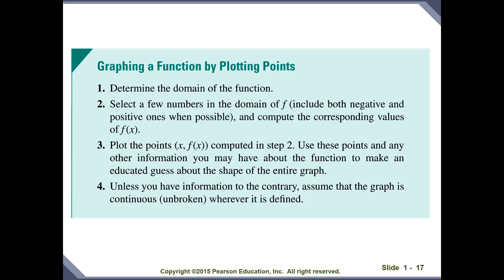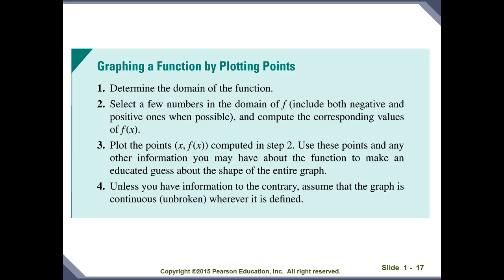And it's usually good to include 0 also, because 0 is usually easy to work with. And then we plot the points. The more points we plot, the more accurate our graph is going to be. We would use those points, as well as any other information we might have about the function, to make an educated guess about the shape of the entire graph.